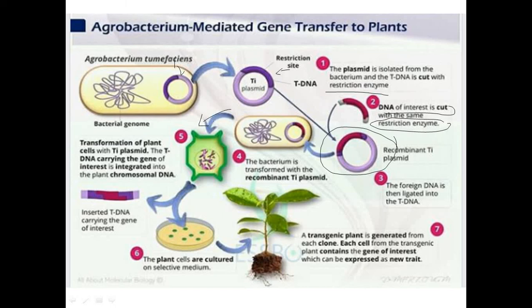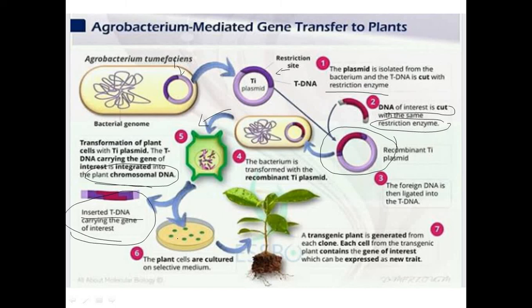How it is transferred was discussed in the previous slide. Then the transformed plant now has the Ti plasmid, and the tDNA carrying the region of interest is now integrated into the plant chromosomal DNA. Now this is a cell with inserted tDNA carrying the gene of interest.